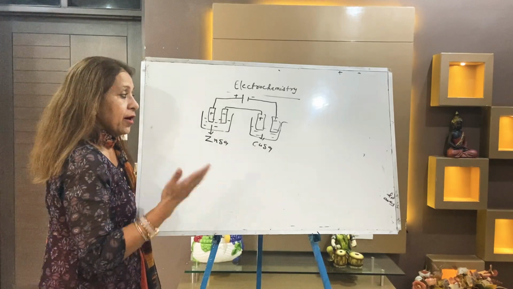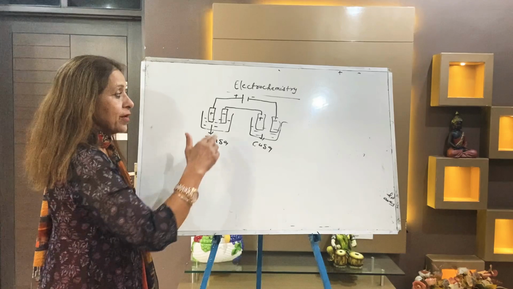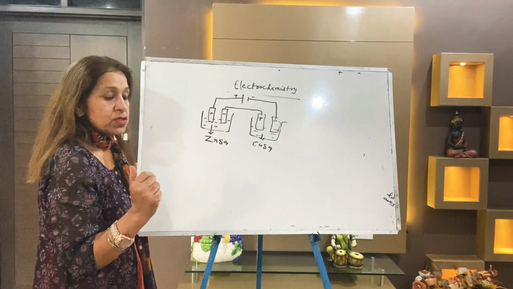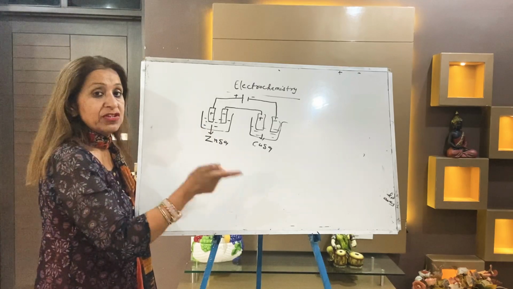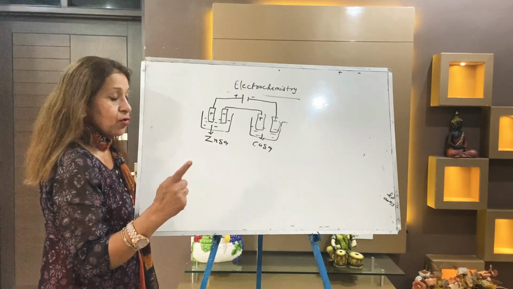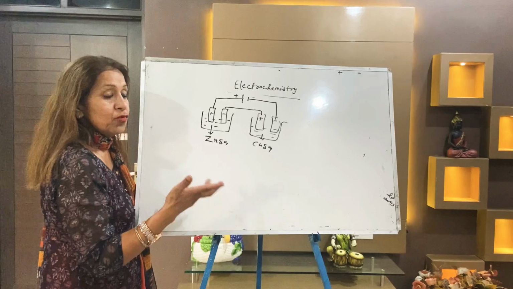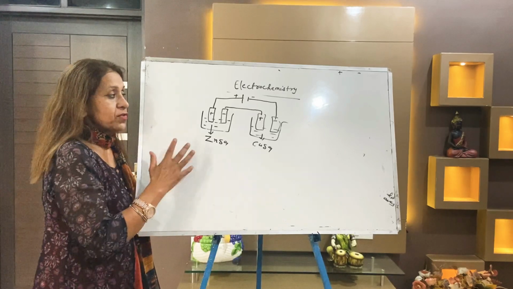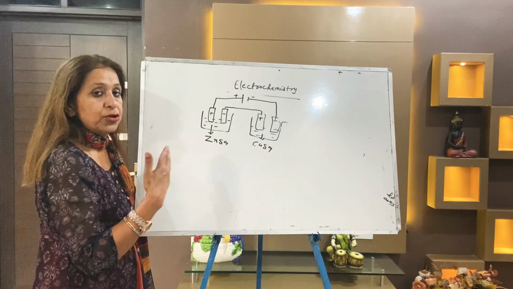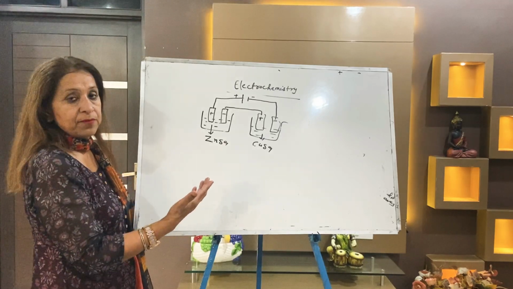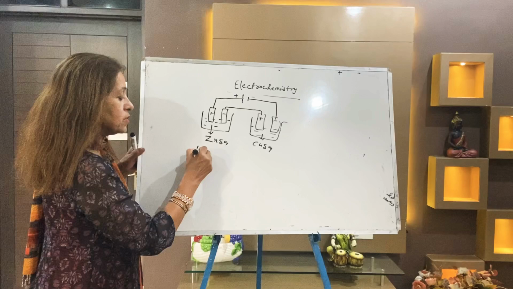Write down, according to Faraday's second law, when the same quantity of electricity is passed in different solutions which are connected in series, then the amount of substance liberated, that is W, is directly proportional to their equivalent weights.